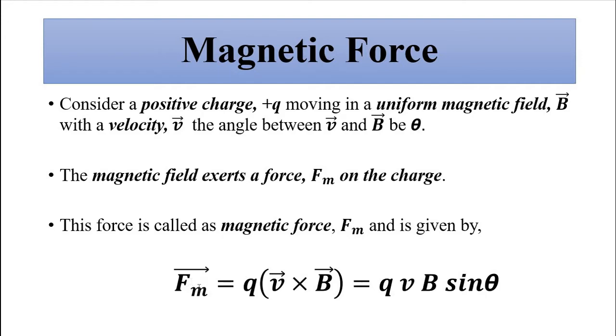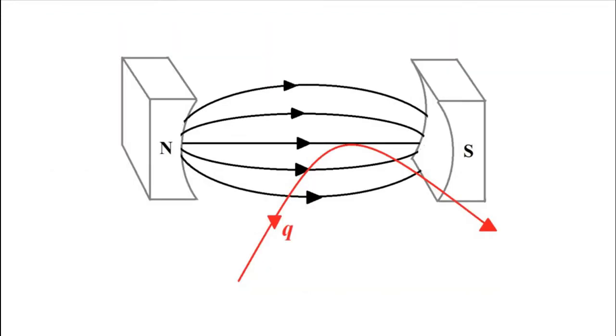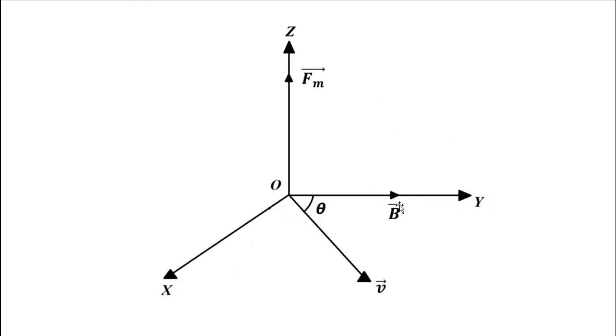Magnetic force is equal to Q V vector cross B vector. Here Q is the positive charge which is moving in a uniform magnetic field of magnetic flux density B, and the velocity vector makes an angle theta with the magnetic flux density vector.